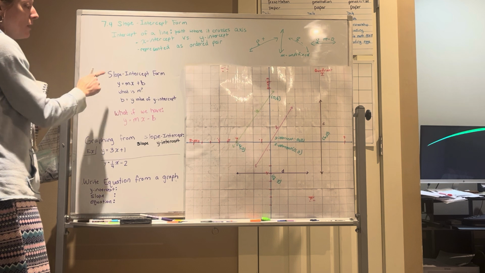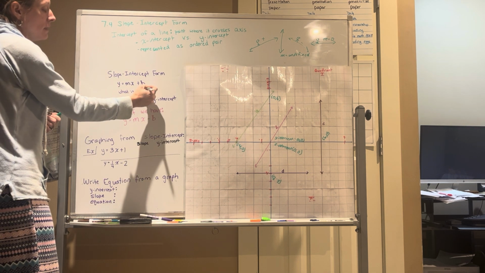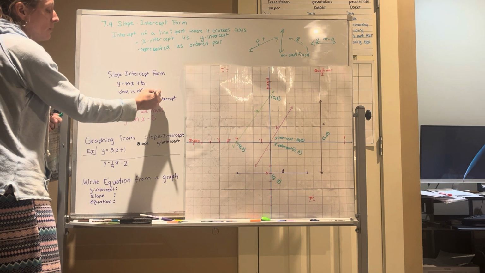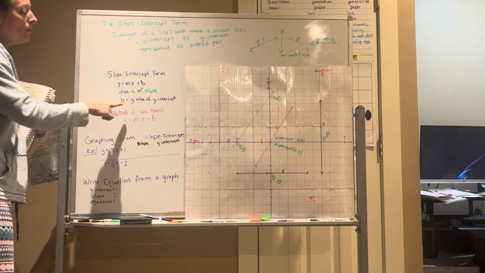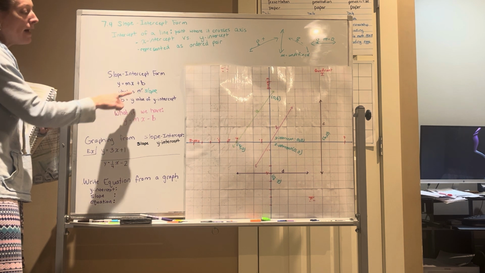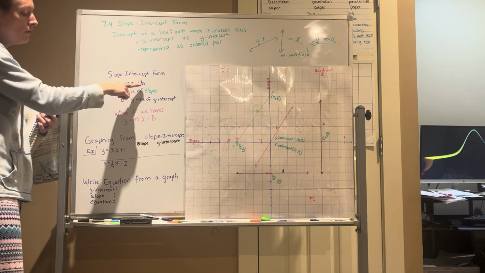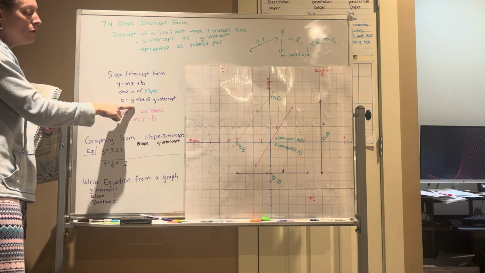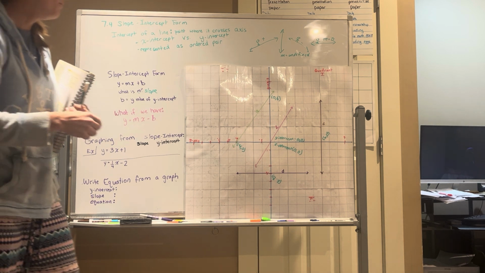So in the slope-intercept form, you're flat out told what the slope is. M is the slope. B, right here, that value that you'll see in that equation is the value of y at the y-intercept.